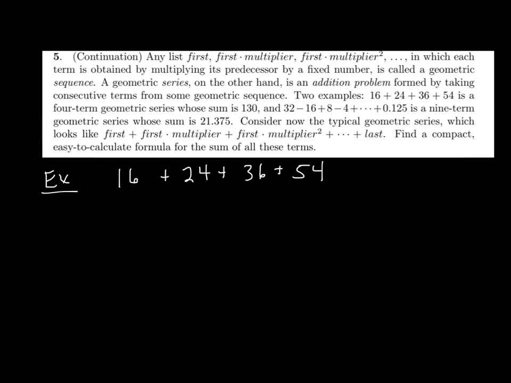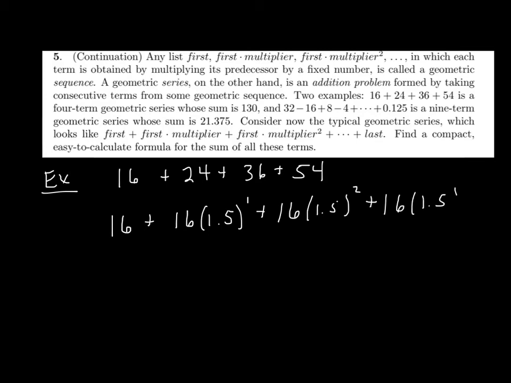So if I were to write this out, you could say that I would take 16 plus 16 times 1.5 to the first power, right? Because if I take 16 times 1.5, I get 24. And this would be 16 times 1.5 to the second. And this would be 16 times 1.5 to the third.